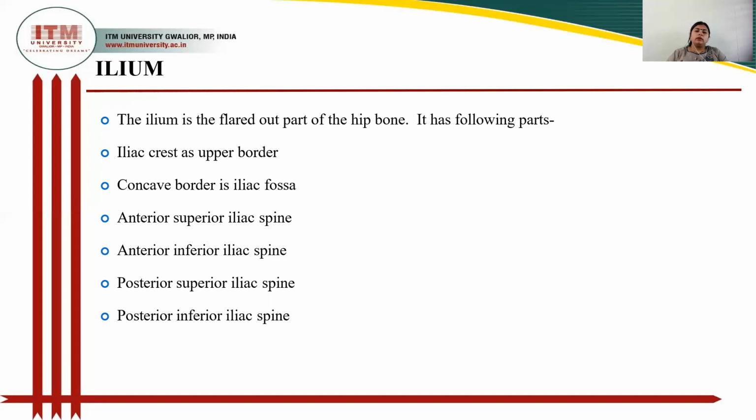As I told you, the part where we rest our hand is called the iliac crest, and that is the upper border. The front portion where we feel is the anterior superior iliac spine. Just below it, we have the anterior inferior iliac spine.